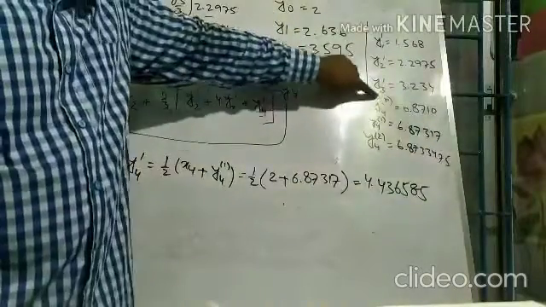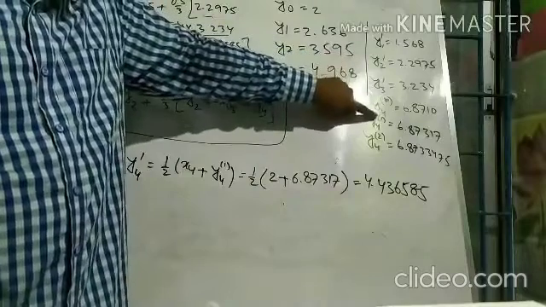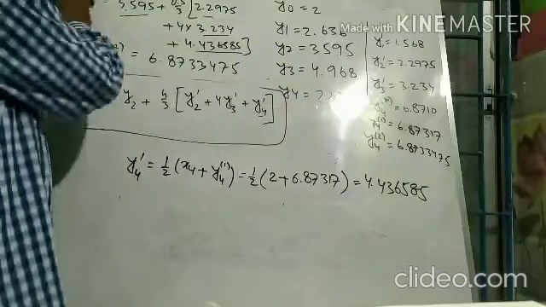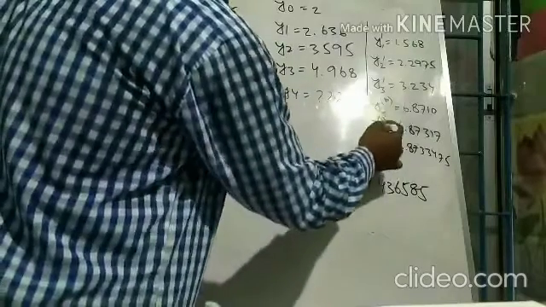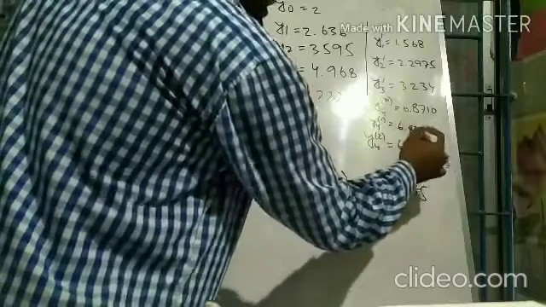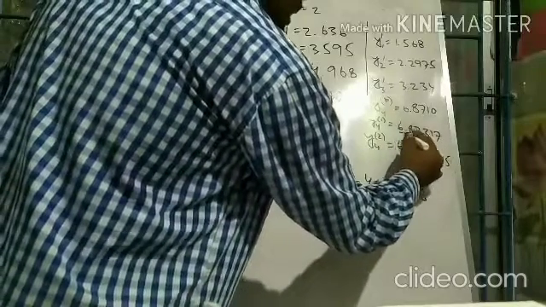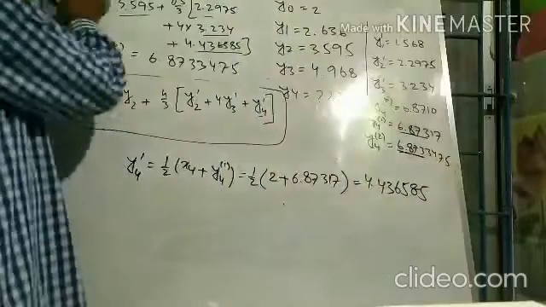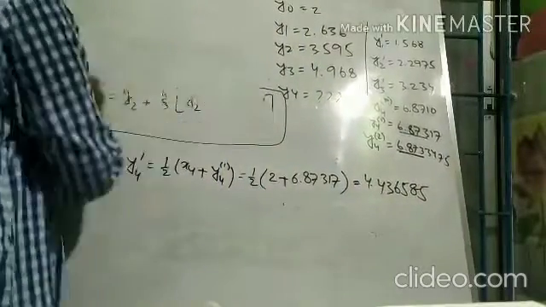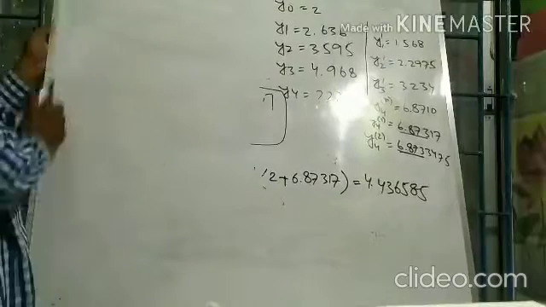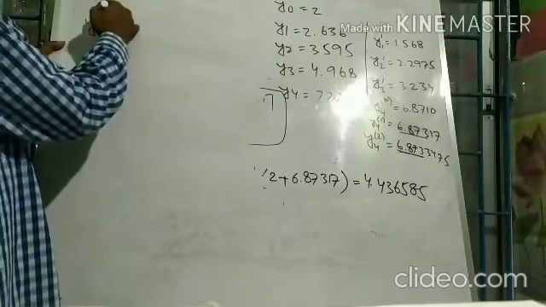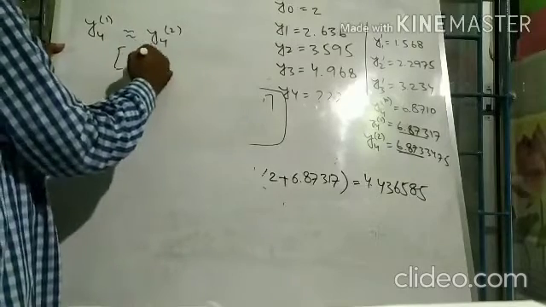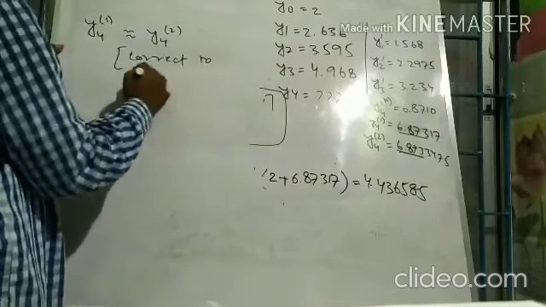So y4p is the predicted value of y4, y41 is the first iterative value of y4, y42 is the second iterative value of y4. Now see, y4, y41 and y42 are approximately equal. Correct up to 3 decimal places. So y41 is approximately y42, correct to 3 decimal places.